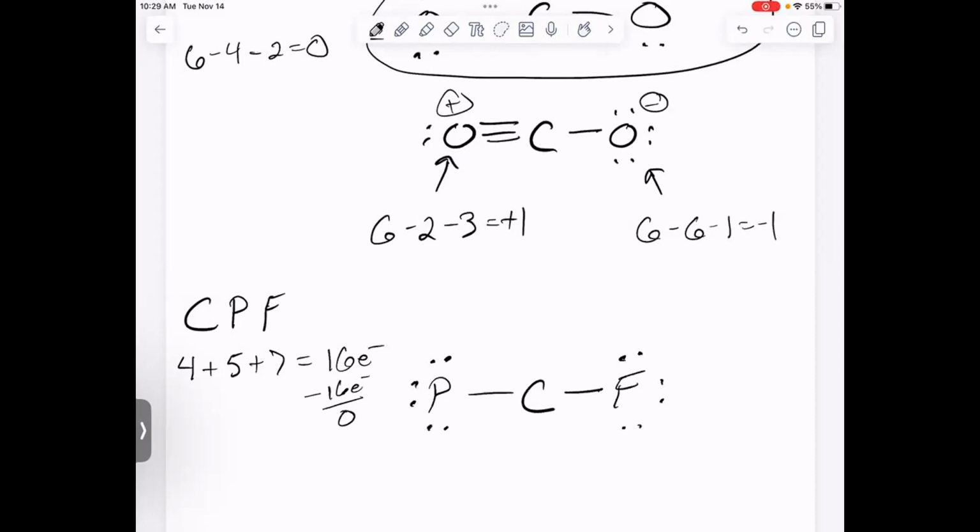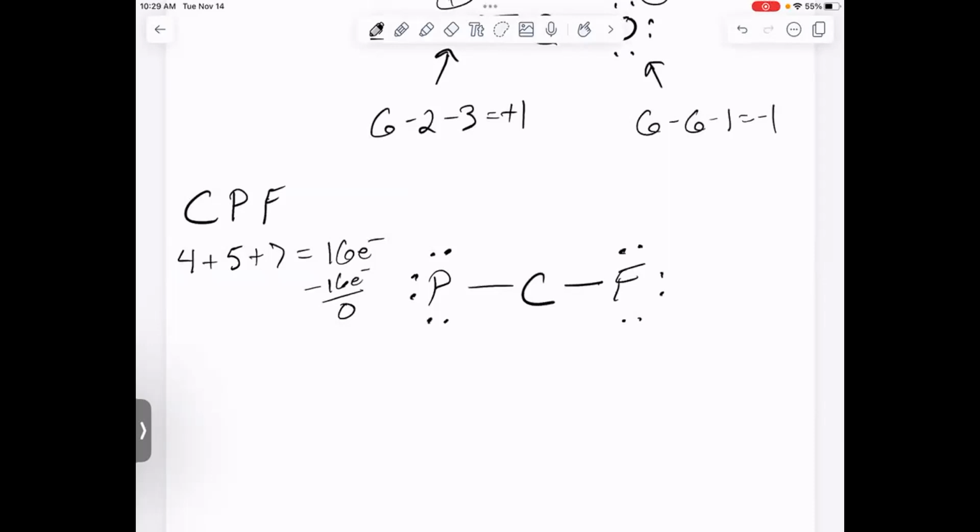We can check this a little bit with formal charge. The way this is going to end up better is if I make the multiple bonds to the phosphorus in both cases, as opposed to doing, say, 2 double bonds like we did before.